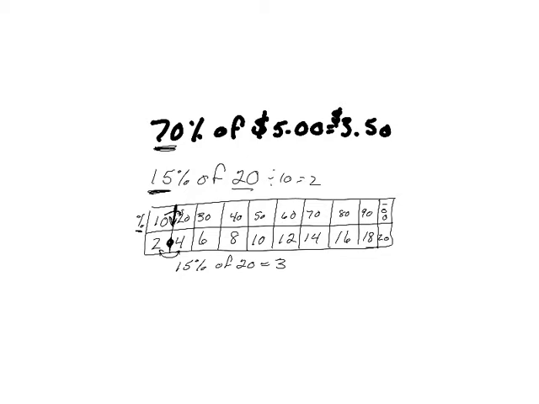If it was another percent, like the one we're going to do next, there's a slightly more complex way of working it out if it isn't like a nice neat number like 5 or like 15 or 10 or 70. So the next question we're going to do is 63% of $12, and I'll show you how to work that out in a moment.